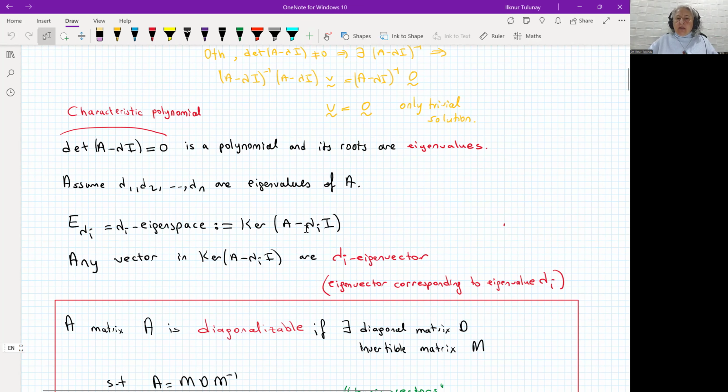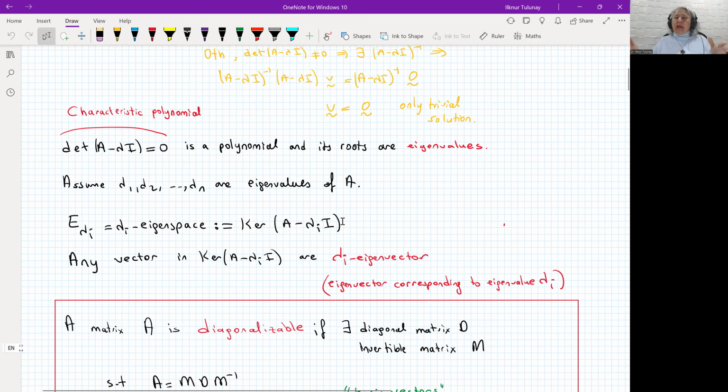Any vector in this space, we call it the eigenvector corresponding to eigenvalue lambda i, or simply we say eigenvector. But in general, when we are doing the calculations, and you will see, when we are talking about the eigenvector, we usually refer to the basis of this space.